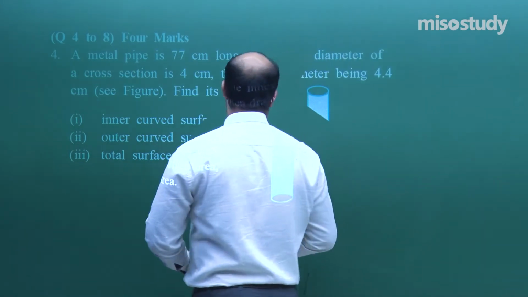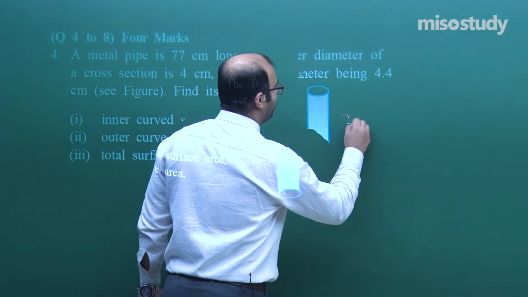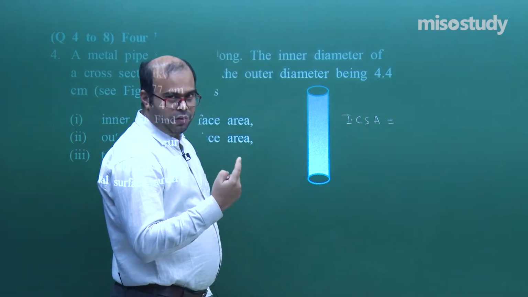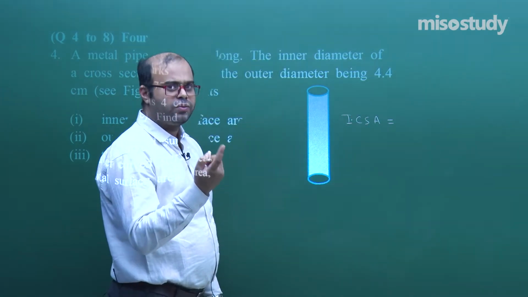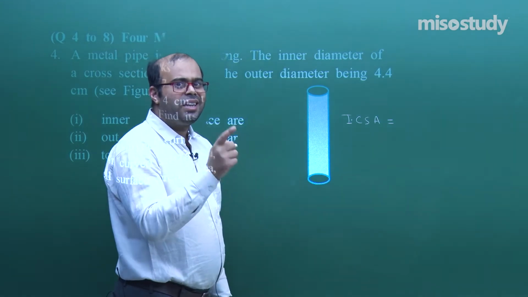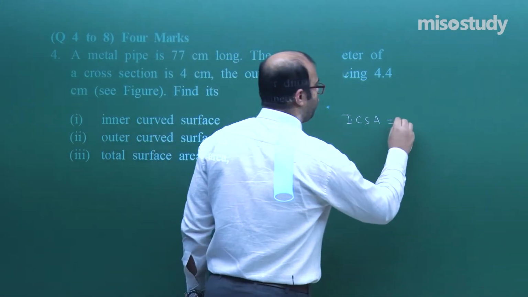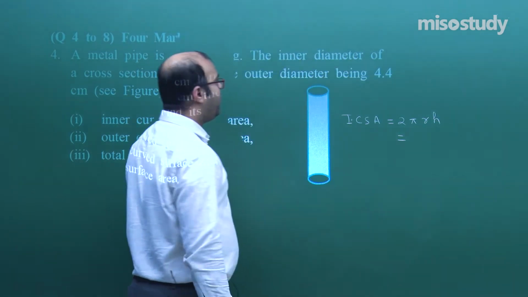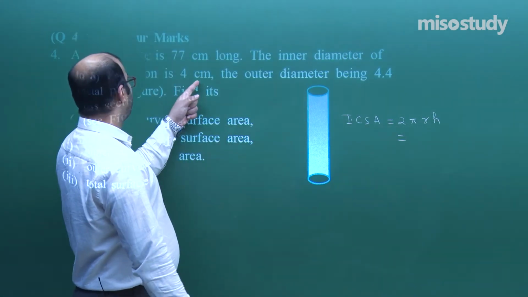So, let us find inner curved surface area. For inner curved surface area, the formula is the same, 2 pi r h curved surface area, but the radius is the inner radius. So, we will say 2 pi inner radius into height. What is inner radius? Inner diameter is given as 4 centimeter.